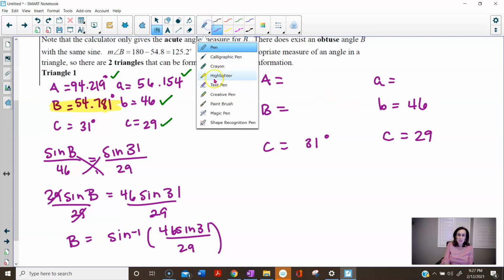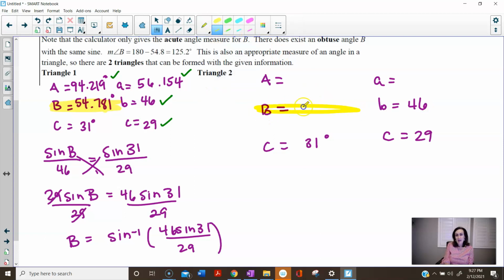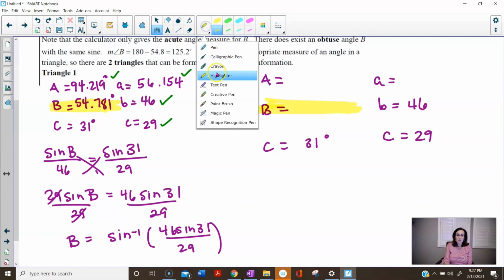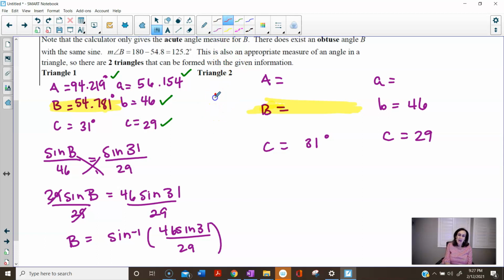Now, what you're going to do here is if that side swings in instead of out, you're going to get the obtuse angle for angle B. So if B is 54, how you find angle B for the second triangle is you would have to take 180 subtract the 54.781. And that's going to be 125.219.